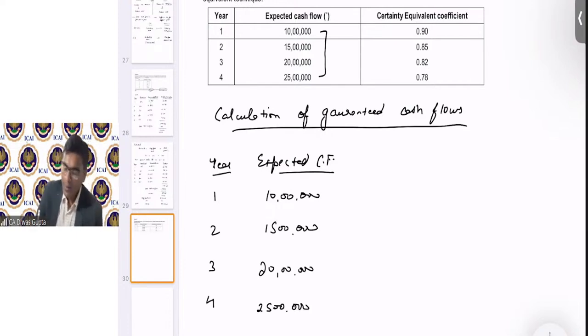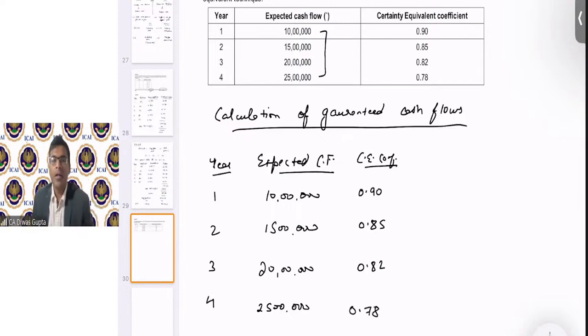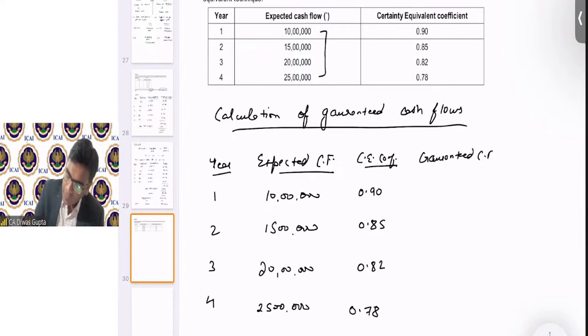Okay, students. Then the CE coefficient is 0.90, 0.85, 0.82, 0.78. Hence, the guaranteed cash flow will be 10 lakh multiplied by 0.9, which is 9 lakh.